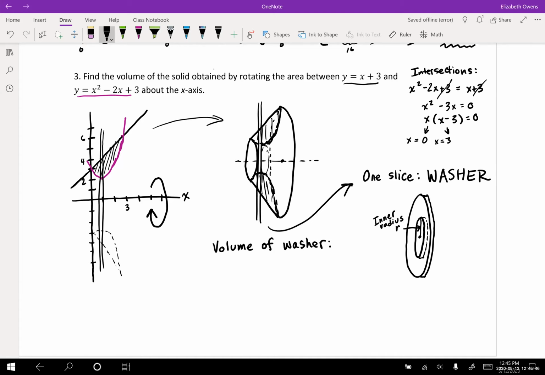And then we'll have a radius that goes all the way to the outside of the solid. That'll be our outer radius, and since it's bigger, we'll call it big R. All right, and then we'll still say that the thickness of the shape, we'll call that h, the height.